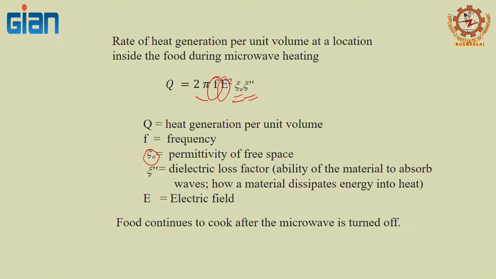Epsilon 0 is the permittivity of free space, and epsilon double prime is the dielectric loss factor. We will talk about that in the next slide. The dielectric loss factor is the ability of the material to absorb the wave, how the material dissipates energy into heat.